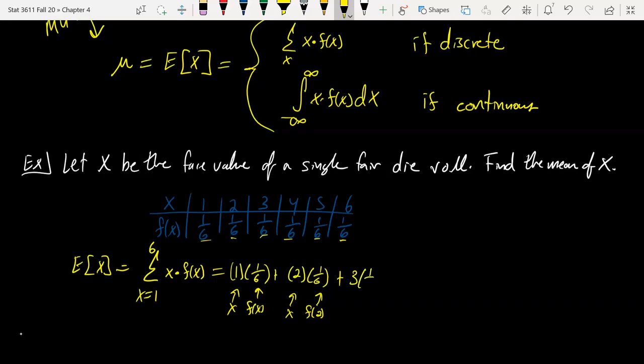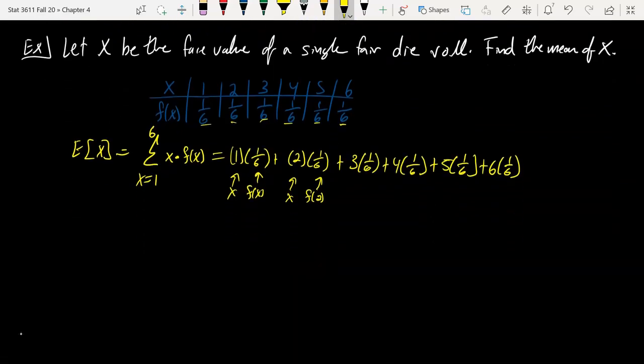Plus 3 times a 6th, plus 4 times a 6th, plus 5 times a 6th, plus 6 times a 6th. We need to run that through a calculator and add everything up. If we do so, we should get 3.5 exactly.